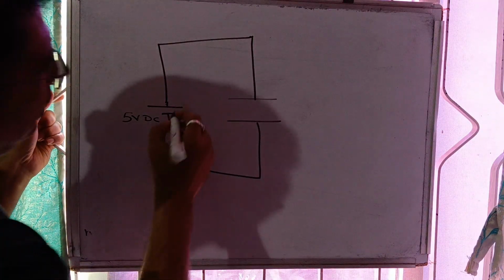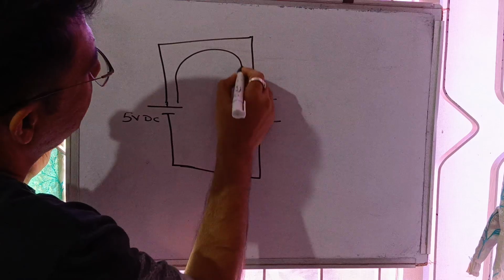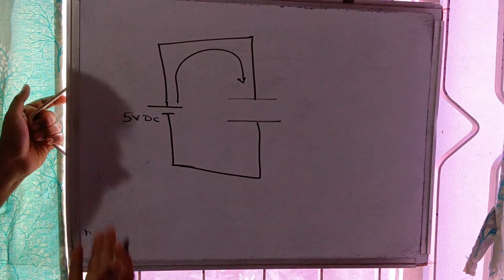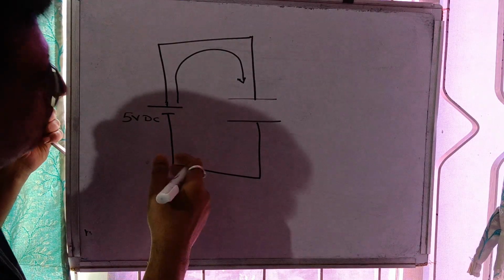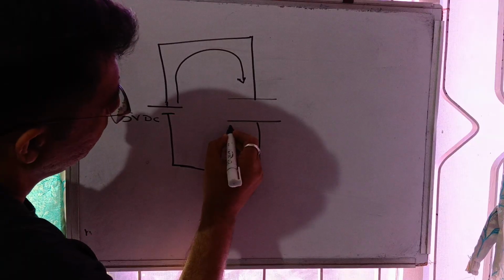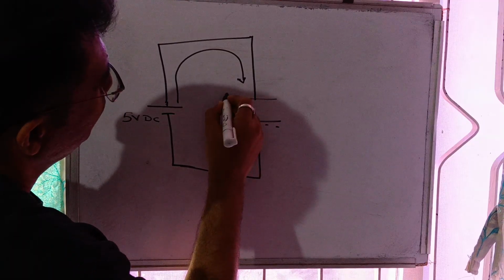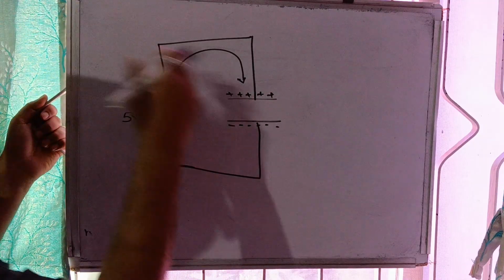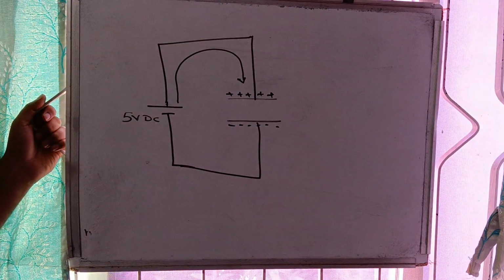So naturally the flow of current will be like this, and let us assume that the negative electron will be here, so negative will be here and positive will be here, and current flows in the opposite direction of flow of electron.